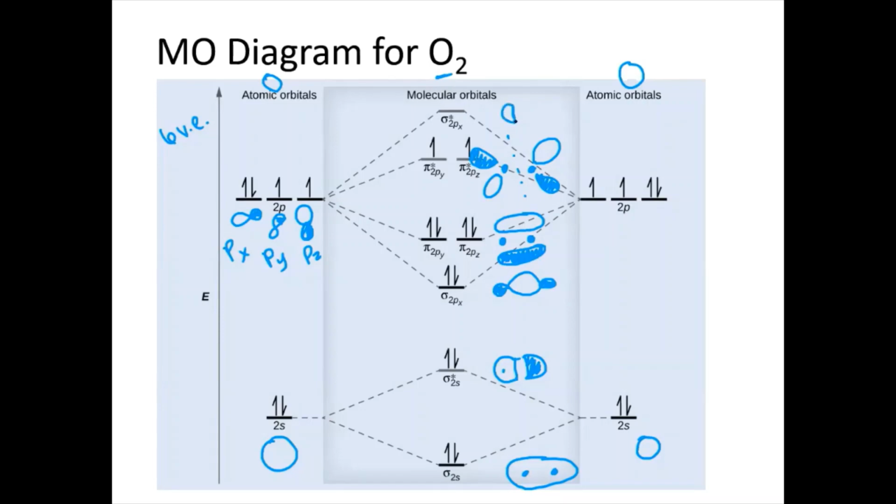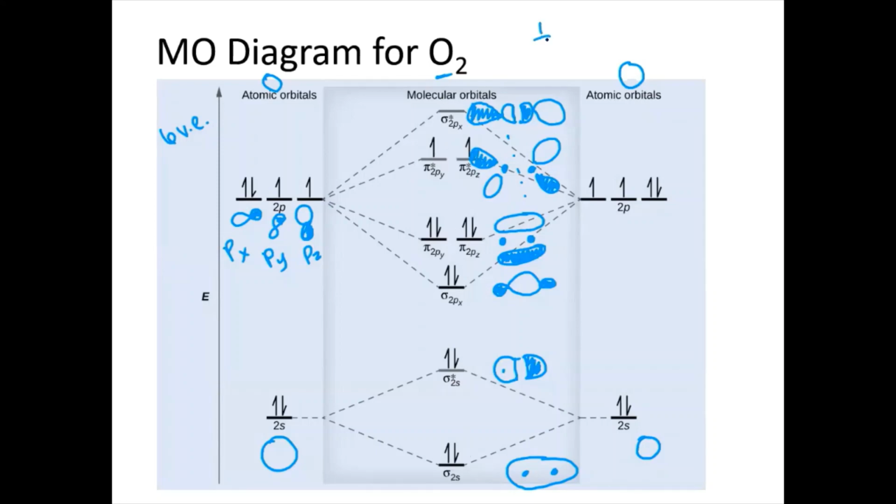So that's where I take these ones and I try and push these lobes together. Right? And so for oxygen, this is the order of those orbitals, or where the electrons can be. Okay? So when I look at this, I've taken all my electrons, I put them in the molecular orbital diagram, starting from the bottom, going all the way up to the top.